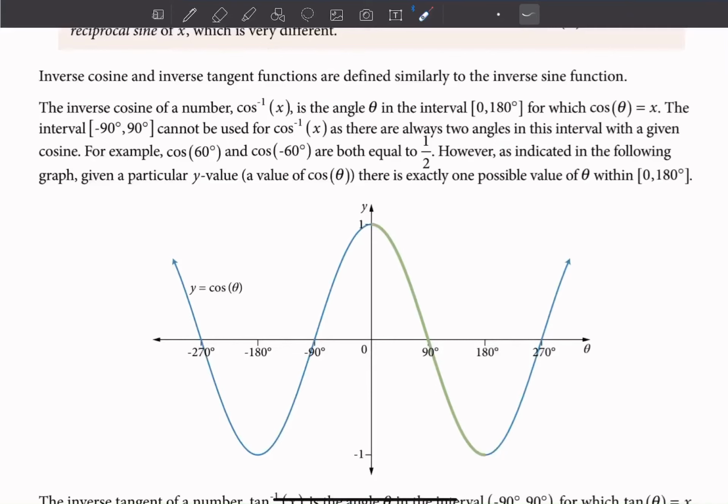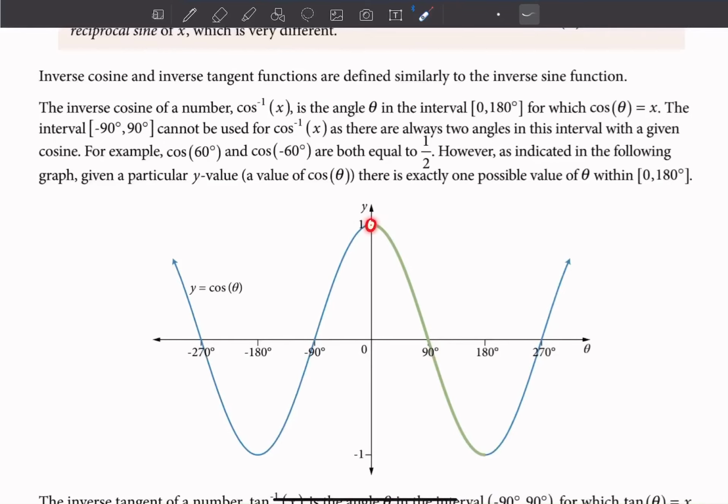So for example, if I pick the same interval as the sine one, I'd be going from -90 to 90. And here you can see straight away that's not going to work. For these 2 points, for whatever y this might be, let's say that's a half, there are 2 x values that could be associated with that point, or even the -90 and 90. So that's not going to work with the cosine.